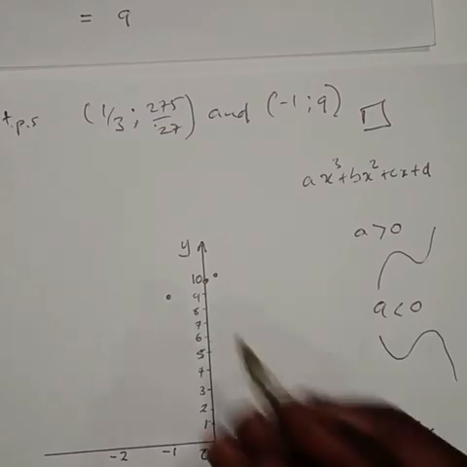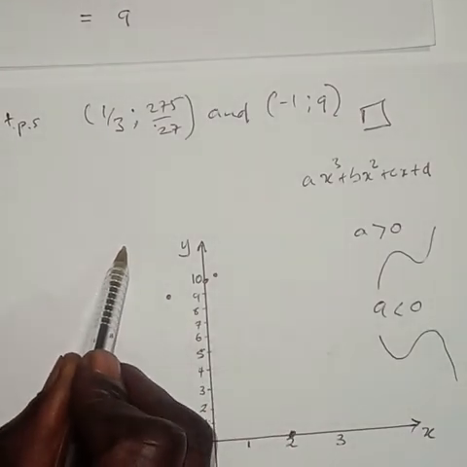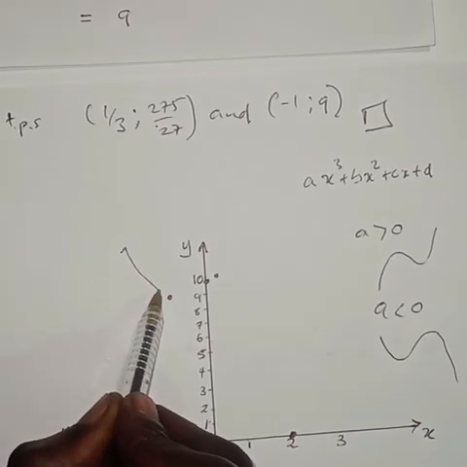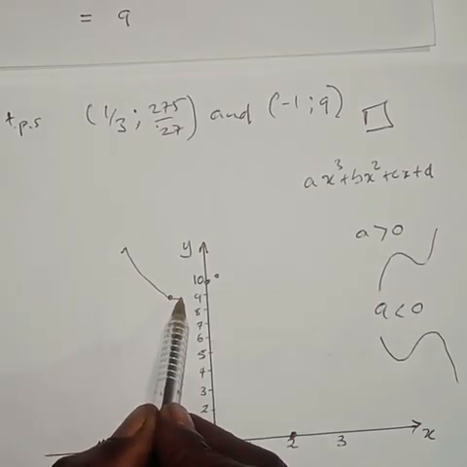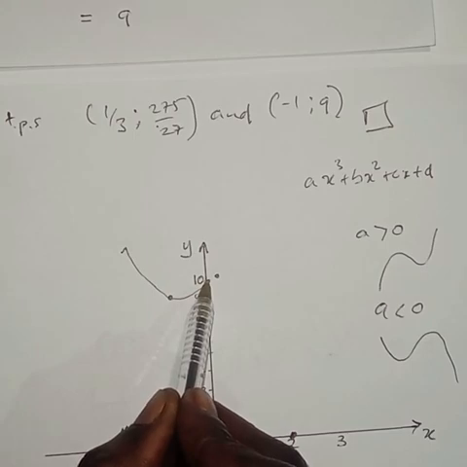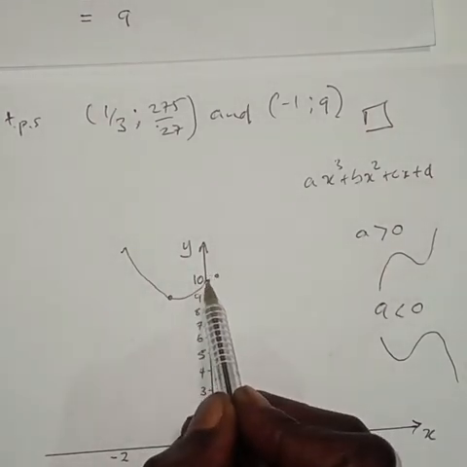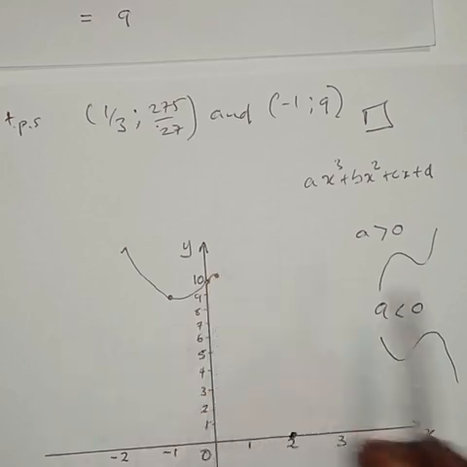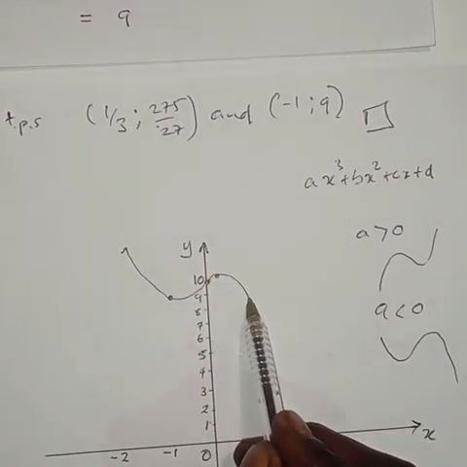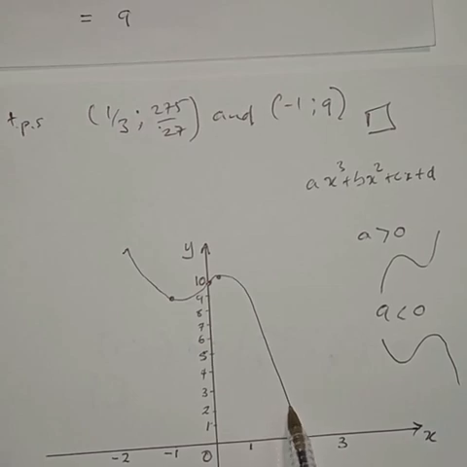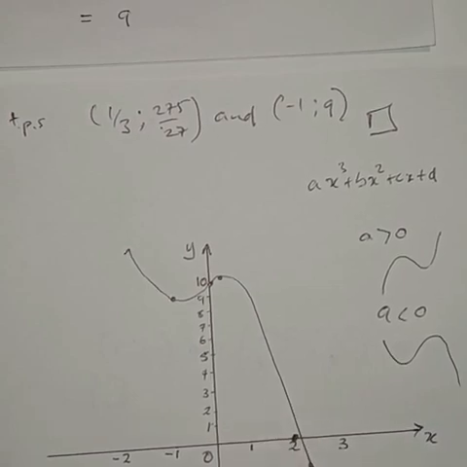So our graph is going to start somewhere from here, goes like that. It has to go a little bit up, but it's supposed to cut 10 there because that's the y-intercept. And then it peaks at the turning point before it returns to cut the x-axis at x is equal to 2. So we must clearly indicate all the points.